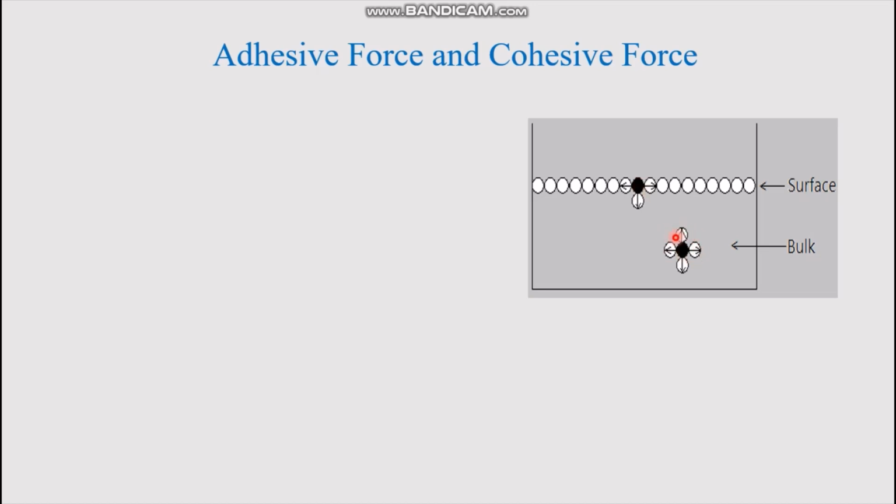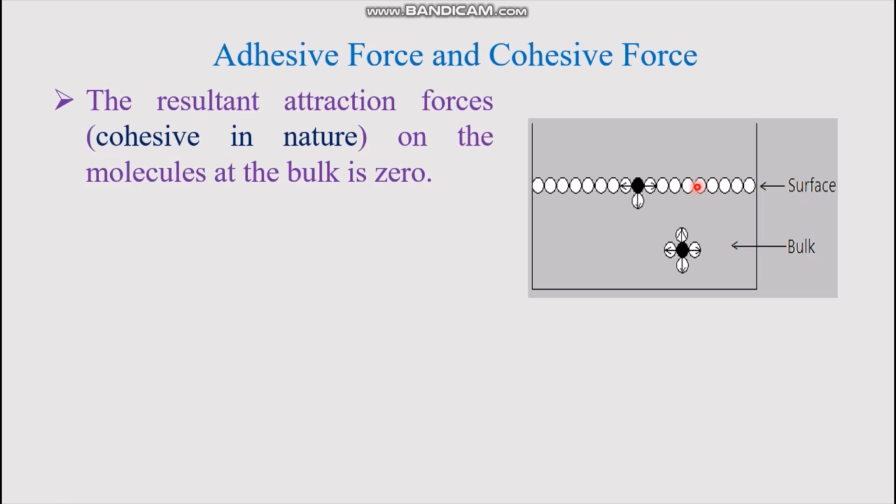The force of attraction by the other surrounding molecules has a resultant vector which is a null vector for the molecule in the bulk, because all the attraction forces are nullified by each other. But here there is no upward pull, so as a result there is a resultant vector acting in the downward direction. So these molecules on the surface of the liquid always experience a downward pull, and this is known as surface tension.